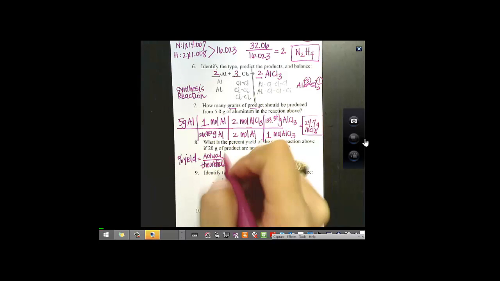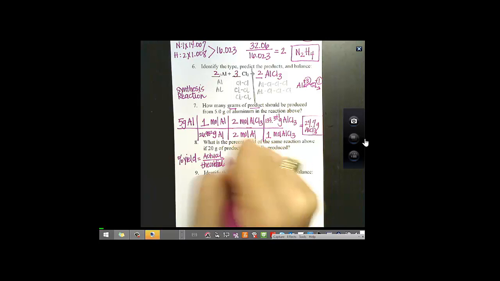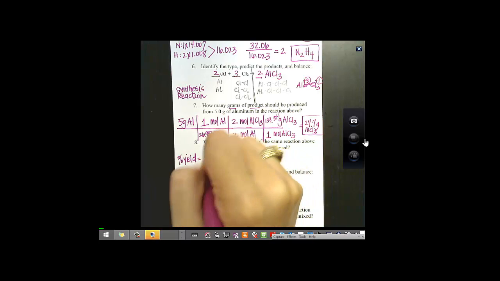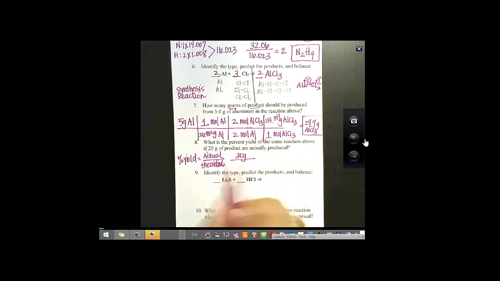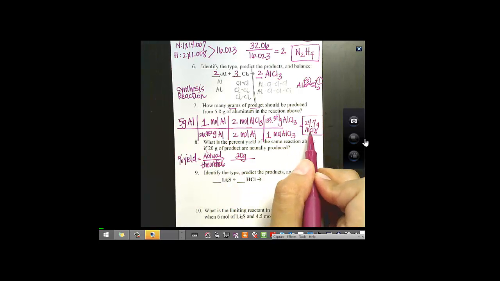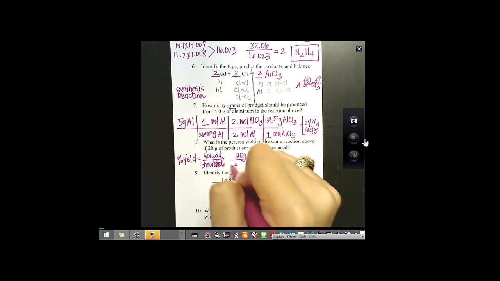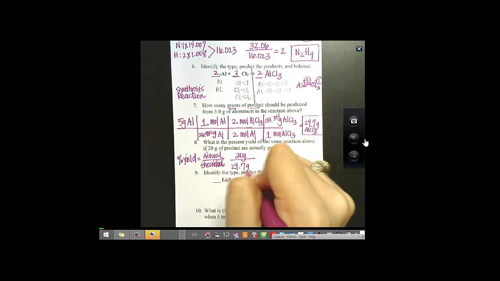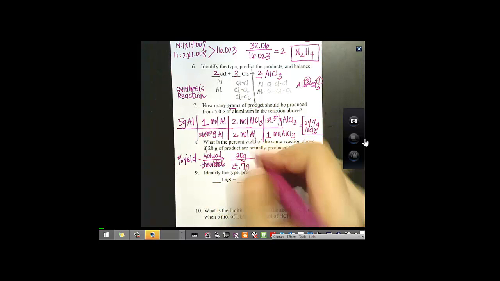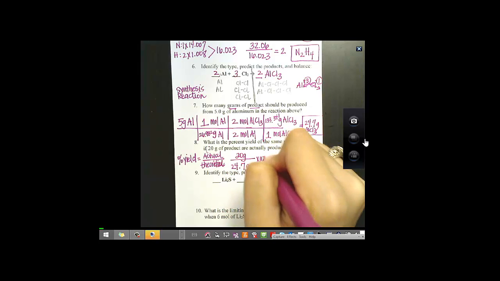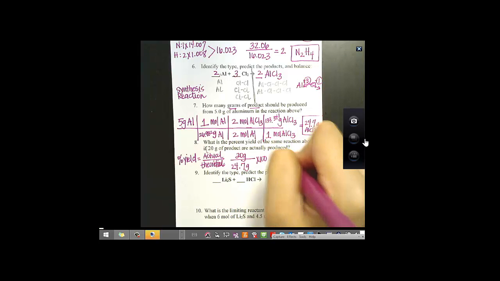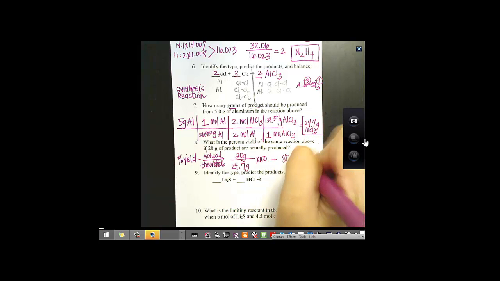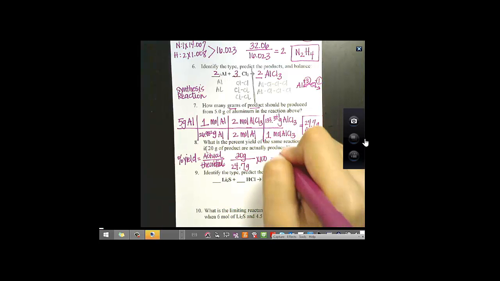I spelled that wrong. Theoretical. That's a calculation. So we actually made this 20 grams right here. So 20 grams divided by we theoretically calculated in question number 7 that we should have been able to make 24.7 grams. Now this is a percentage, so we multiply times 100. And we get 80.97%.